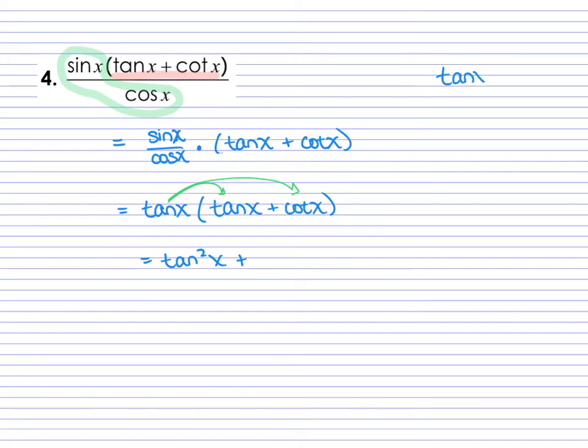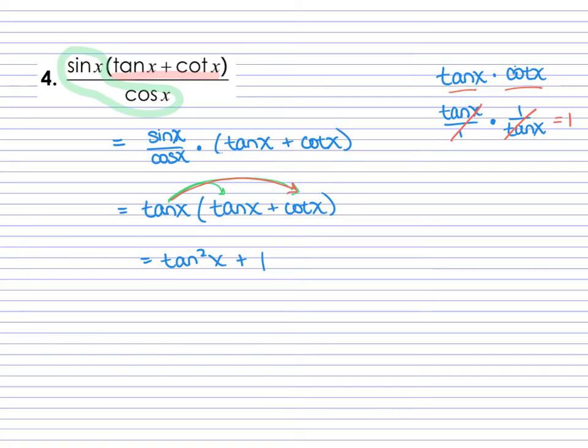When I multiply tan of x times the cotan of x, what I'm doing is tan of x over 1 times 1 over tan of x. So when I multiply a trig function times its reciprocal, I end up canceling out both of the trig functions. So tangent of x times cotangent of x is just 1. So when I do this second distribution here, tan times cotan, I'm left with 1.